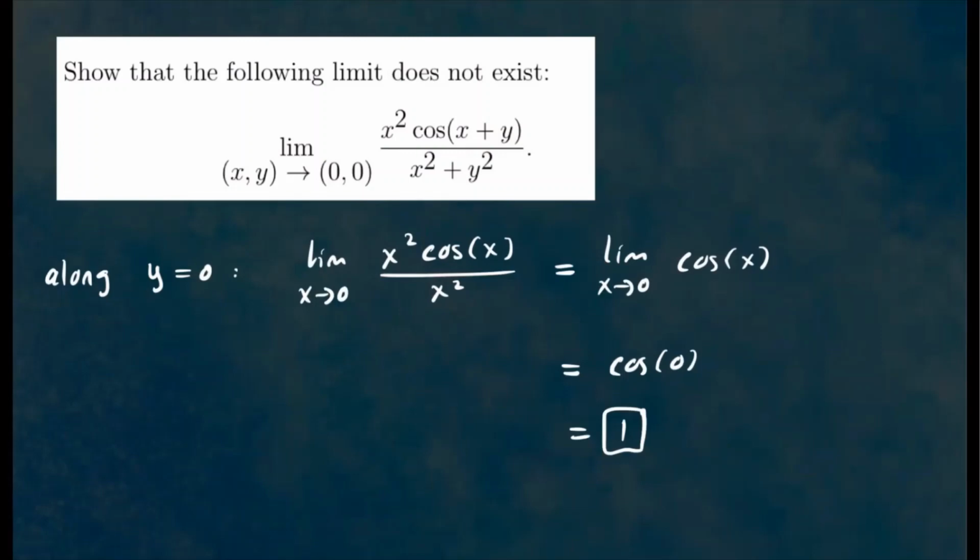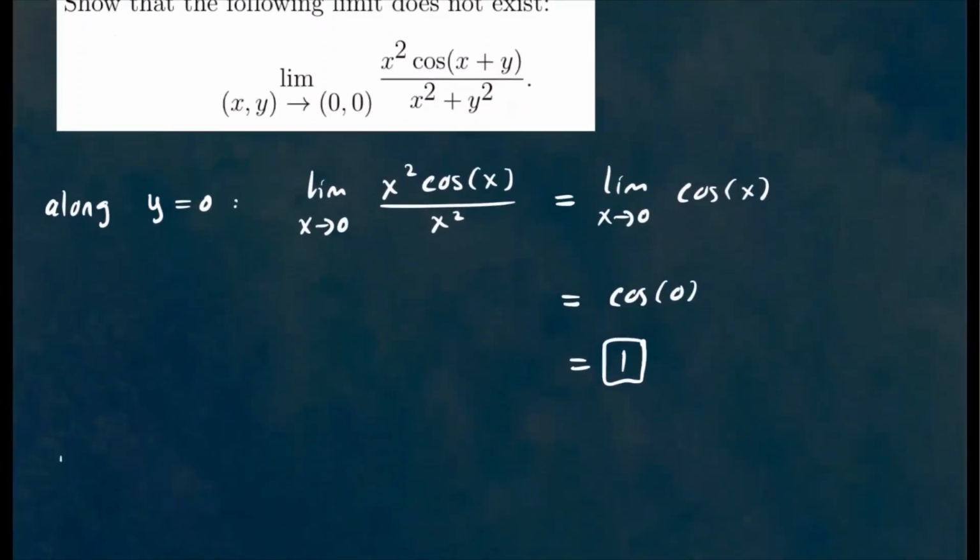Now let's test another path, and we hope that we get a different value. Again, you choose a path that goes through the point (0, 0). So for example, let's say y equals x. That line also passes through the point (0, 0), so y equals x is also a nice path that we can approach along.